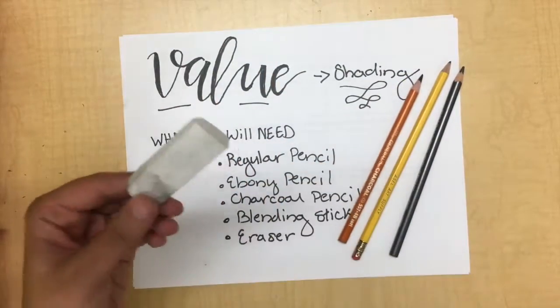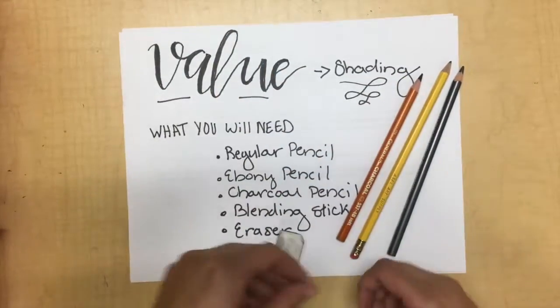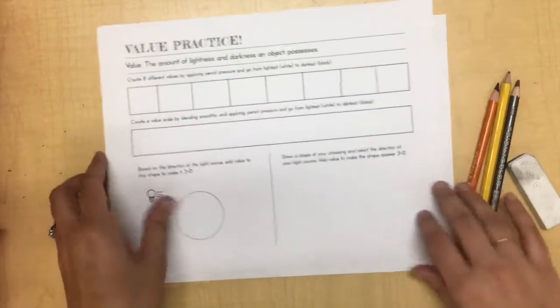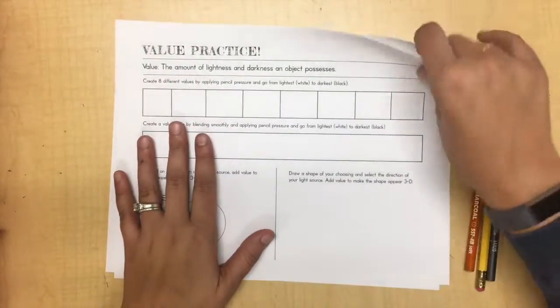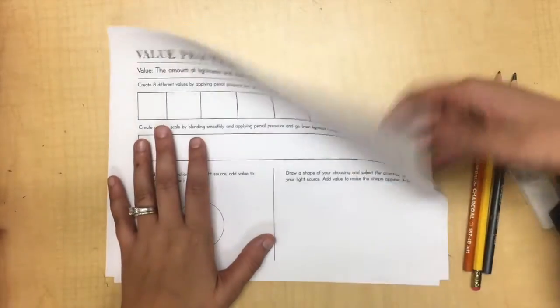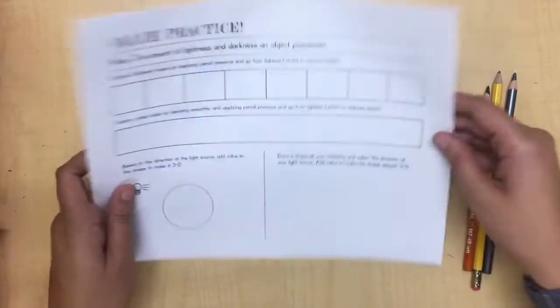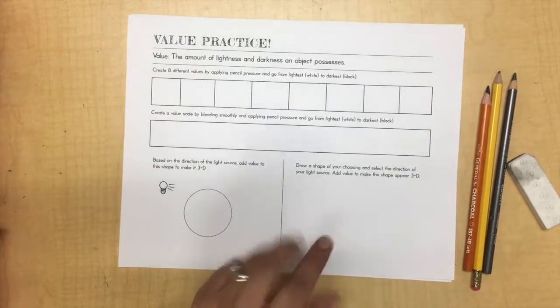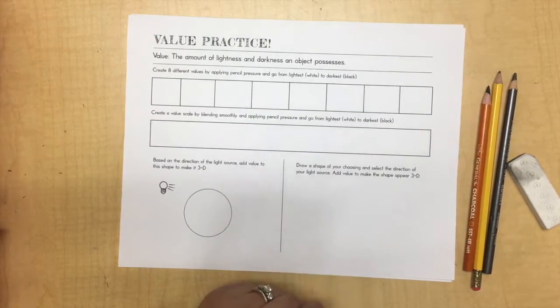Then you will also need your white eraser. You will be getting 2 different sheets. So you will be getting 2 of these value practice sheets because you will use one for charcoal and one for ebony. So we're gonna start with our ebony, and once we get down into this section, I'll show you guys a little bit more vocabulary that we need to pay attention to.